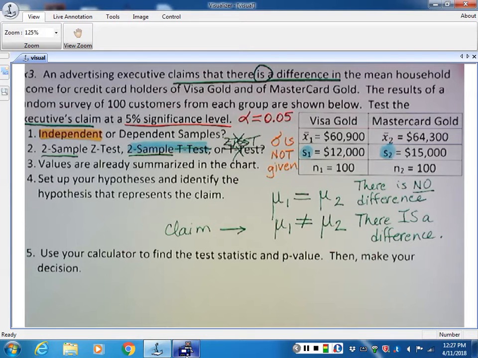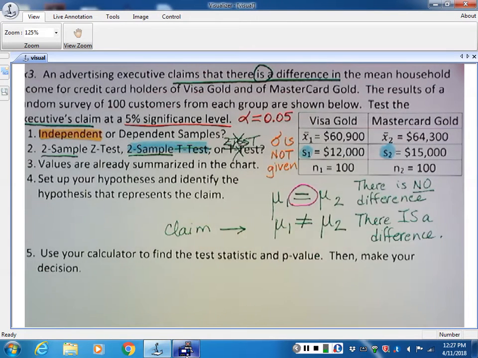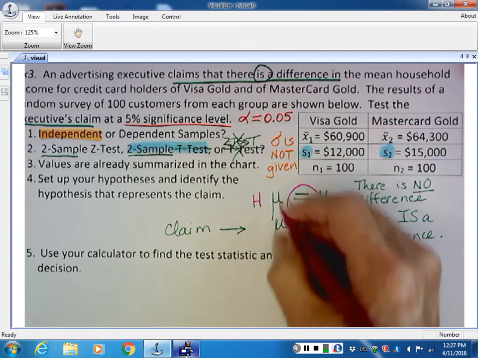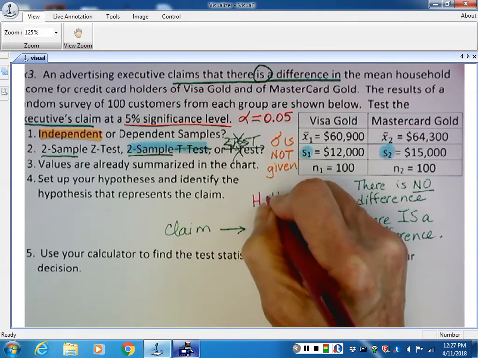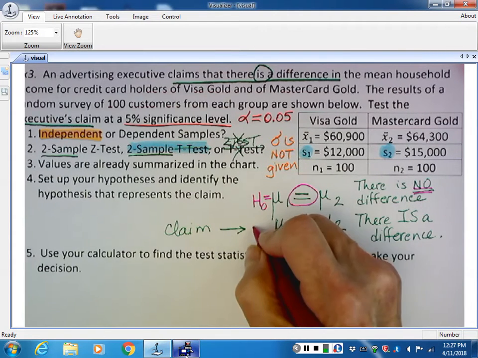Which one would be H0 and which one would be H1? The top one's always H0. I think I said that wrong. H0, the null, always says there is no difference. It has an equal sign. That means this is H1.